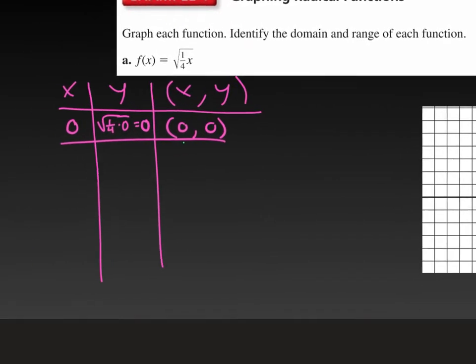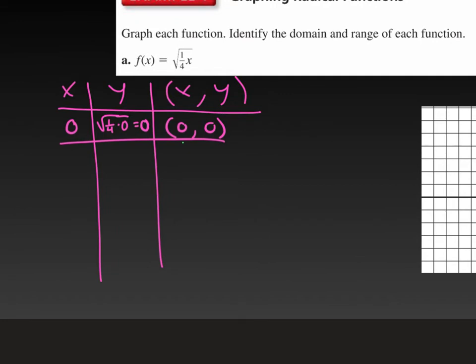What should we plug in next? Let's plug in 1. So we have the square root of 1/4 times 1, which is just the square root of 1/4. What's the square root of 1/4?